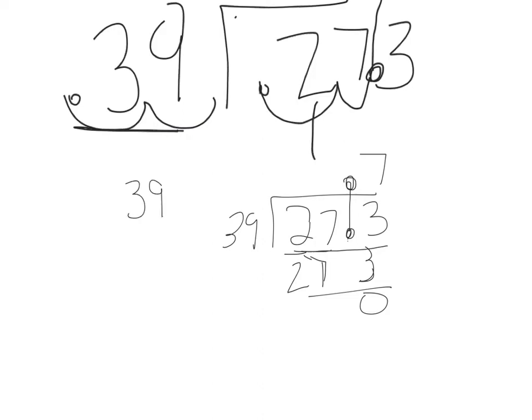Now, going back to what I said about guessing and checking, we could say 39, we know it's close to 40, right? It's one number away from 40, and we know that 40 goes into 200 5 times, and 40 times 2 is 80. So look, 73 is smaller than 80, so it must be maybe 6 times.